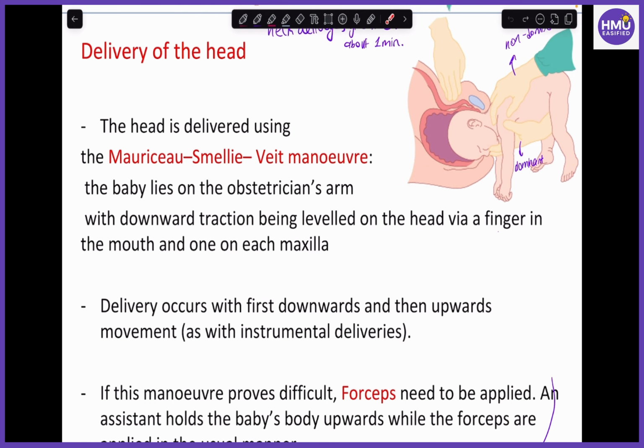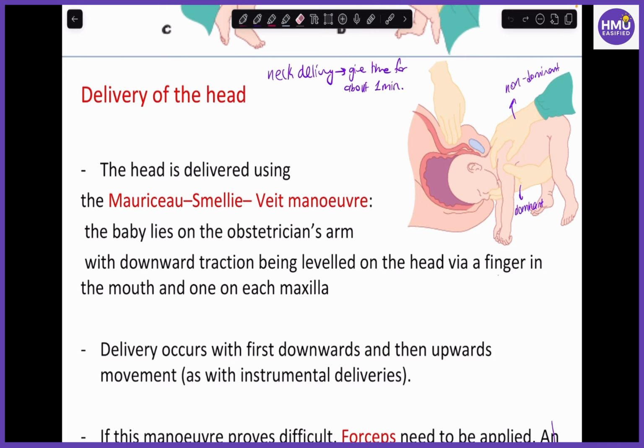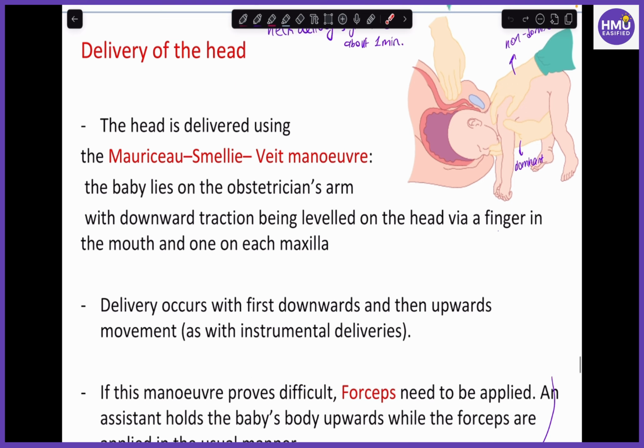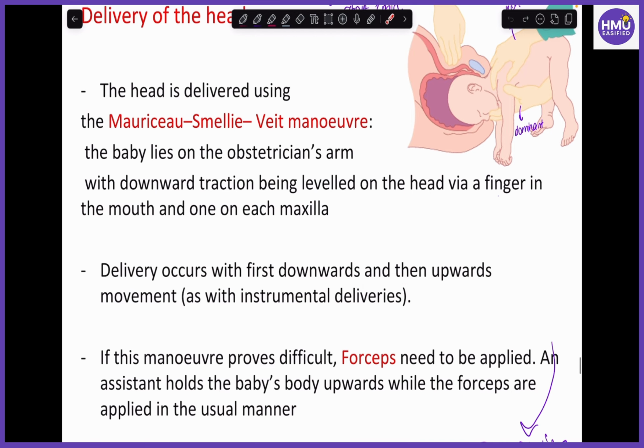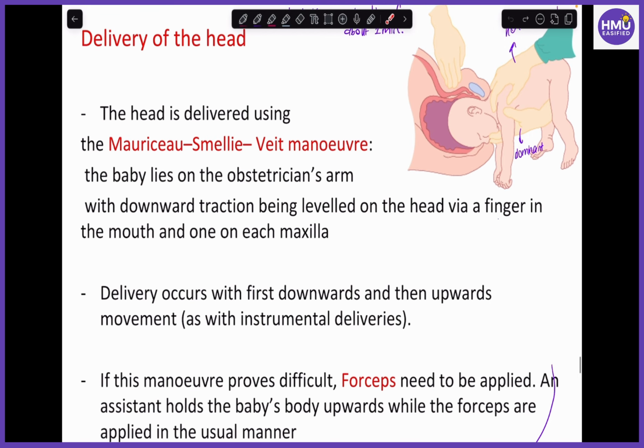With the non-dominant hand, we hold both shoulders of the baby. Then the delivery works with first downward and then upward movement, as with instrumental delivery.